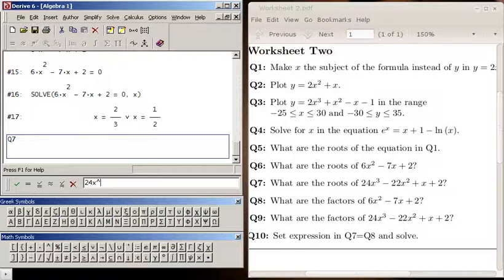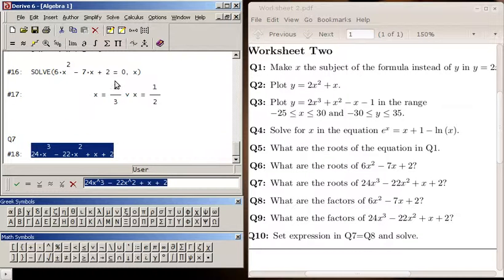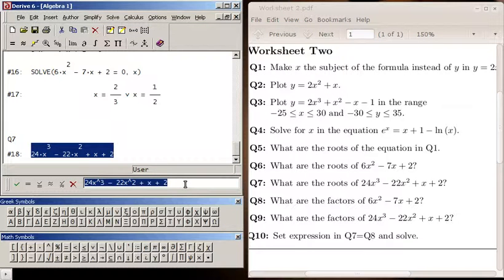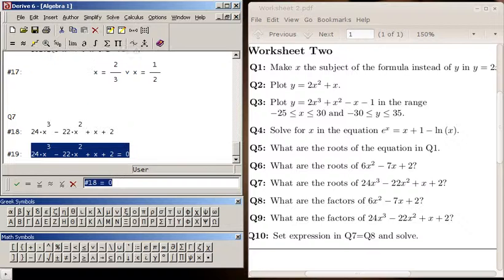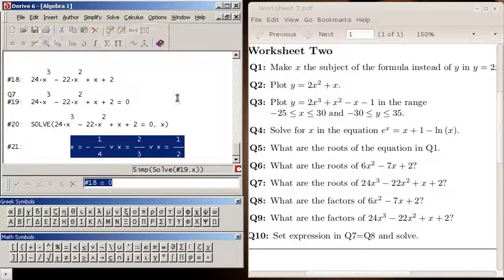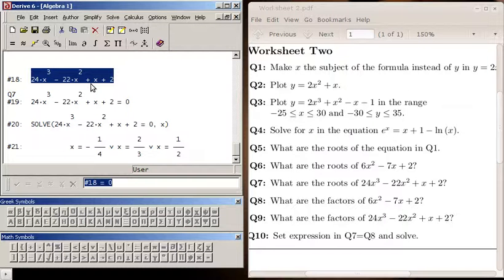24x cubed minus 22x squared plus x plus 2. Again, what are the roots? Solve expression. Nope. Should make this equal to 0 first. Solve expression and solve. Now actually, that reminds me, this is not equal to anything.